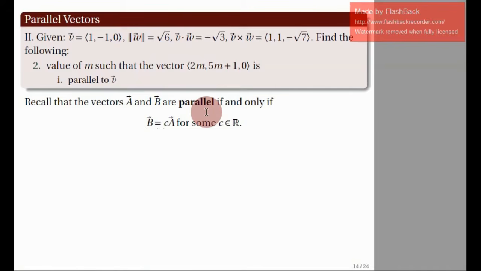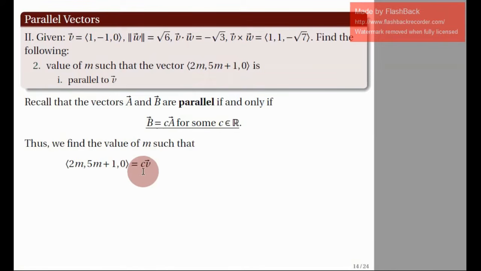And so we do that for our vector here and our vector V. Let us suppose that there is some C such that C times our vector V is this vector that we were given. And then expanding this C times vector V, we get this vector here, and we equate this vector to our original given vector.